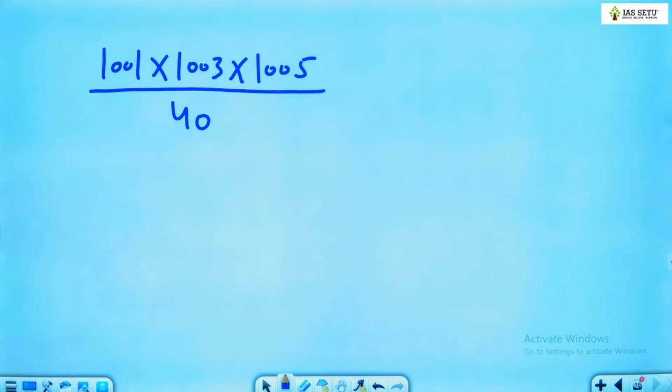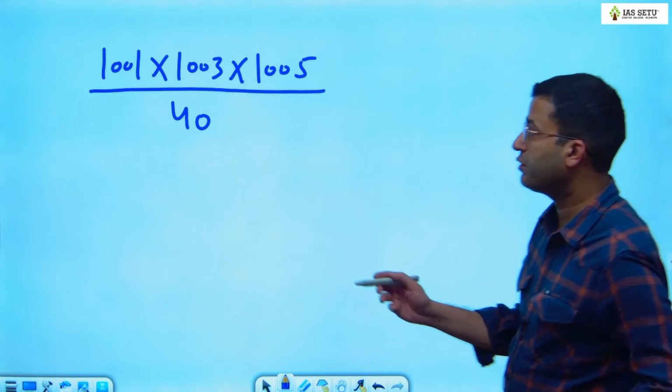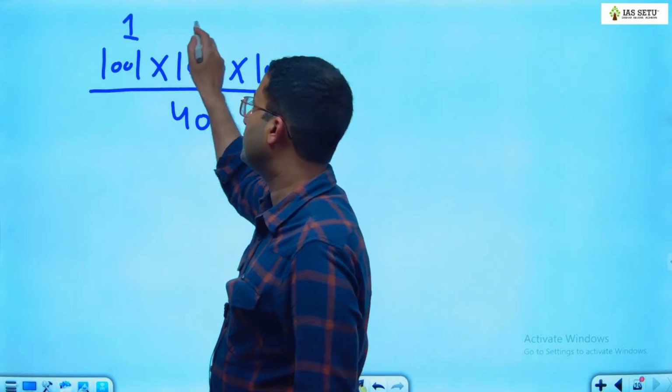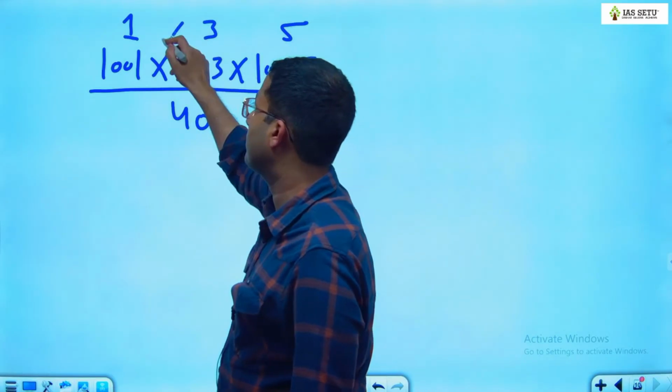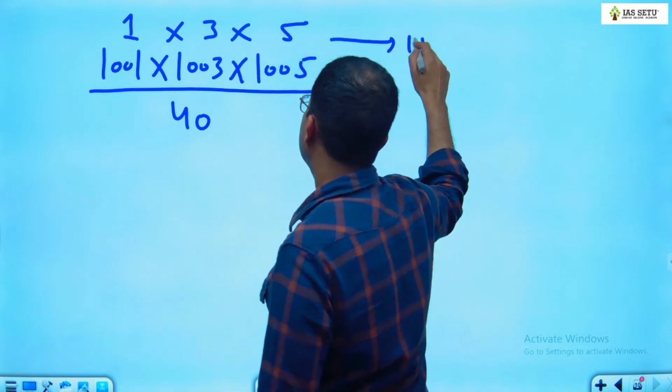Done. This 1001 gives remainder 1, 1003 gives remainder 3, 1005 gives 5. So our answer is 50.